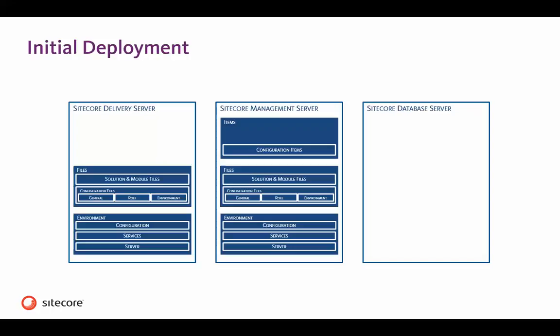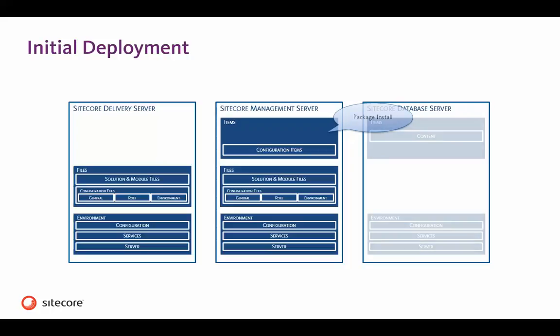On the content management server, we'd have the equivalent of the CD server, and then of course on top of that we'd have the package install, which is the configuration items, the templates, the layouts, things like that, that we need to apply on the CM server.